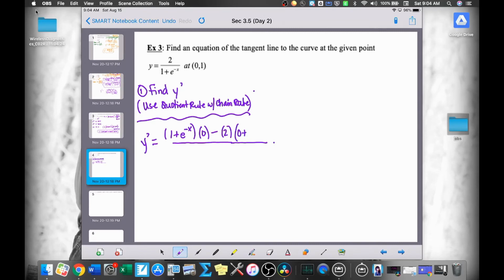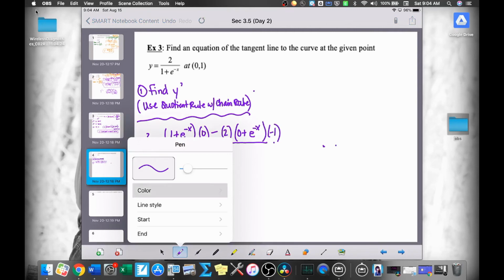But the derivative of e to the negative x, that's e to the u, so e to the negative x, times the derivative of the u, which is negative x. The derivative of negative x is -1, okay?